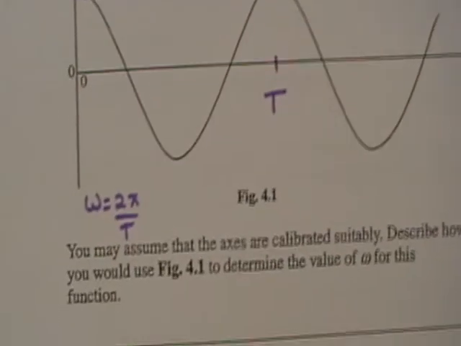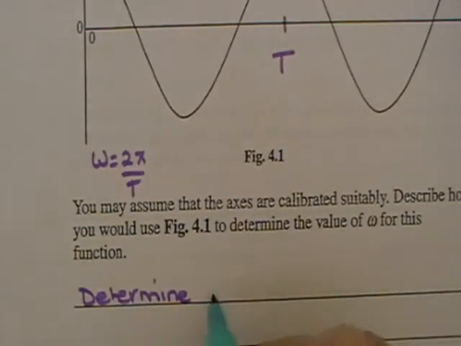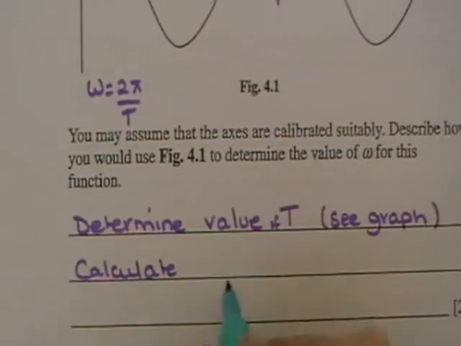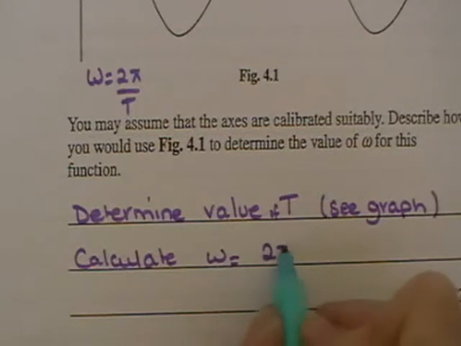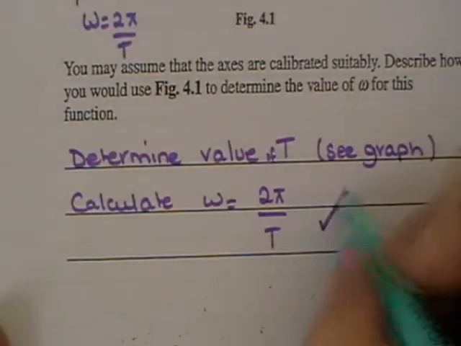And therefore, to calculate omega, they're suggesting that in your explanation you say determine value for T, and I'm writing from graph, and then calculate omega equals 2 pi divided by T, and that gives you your answer, and that's how you get your 2 marks there.